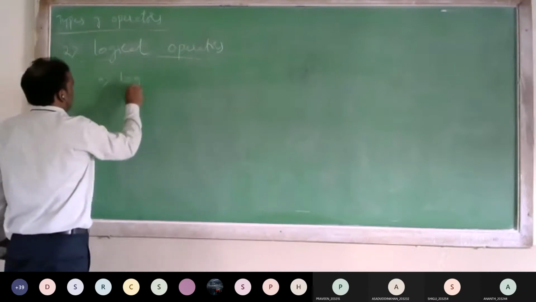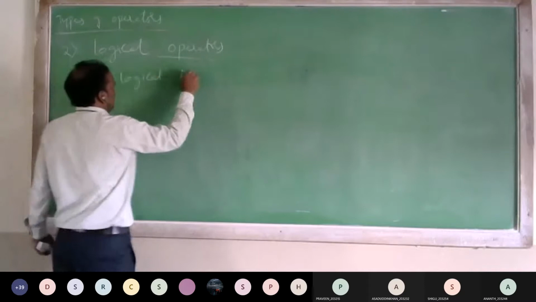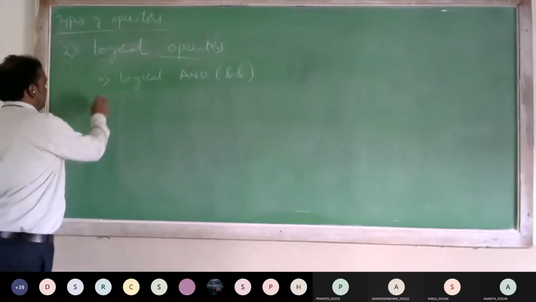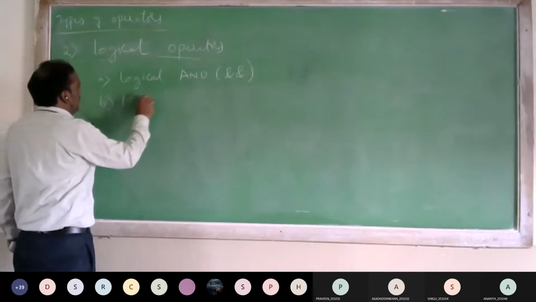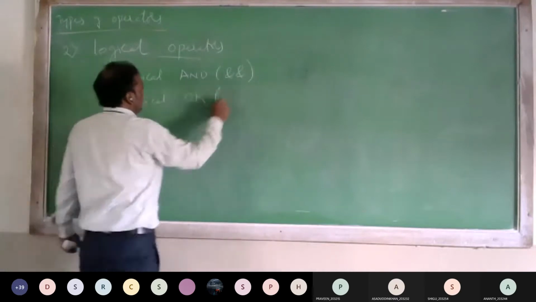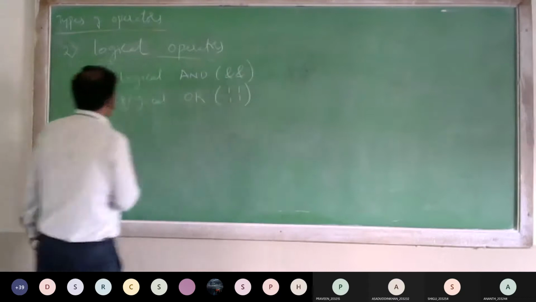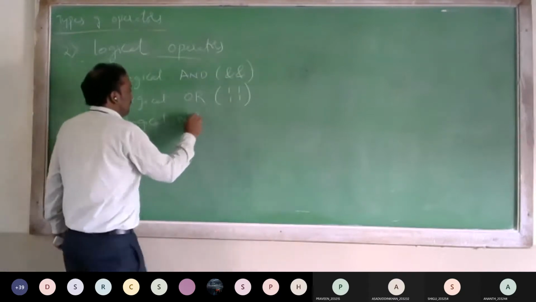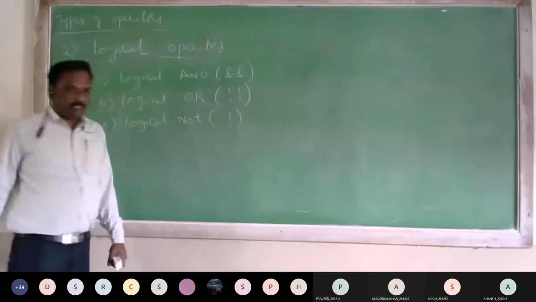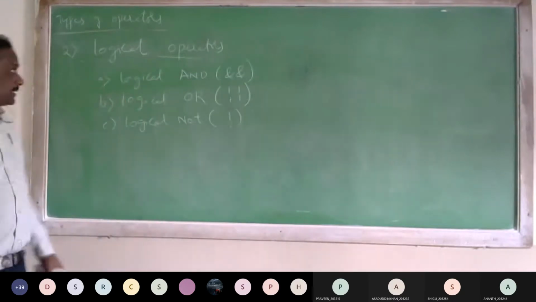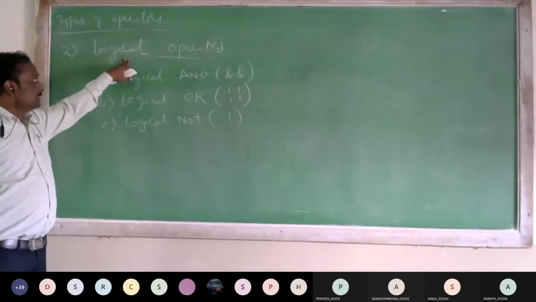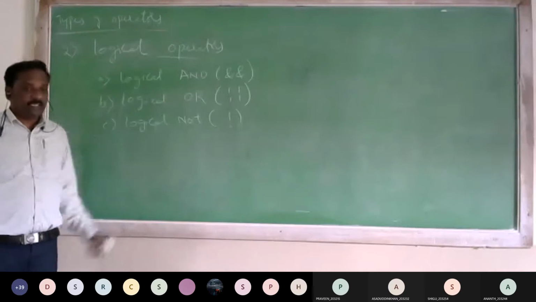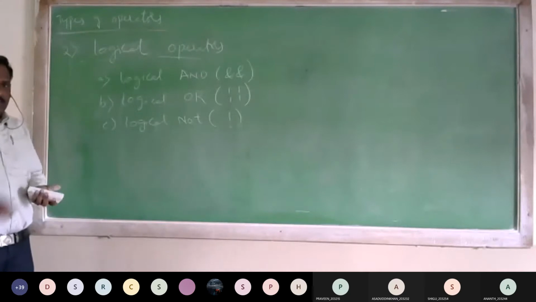One is logical AND, the notation is this one. Second is logical OR, the notation is the vertical bar two times. Next is logical NOT, the notation is the exclamation mark. So logical operators are divided into logical AND, logical OR, and logical NOT.